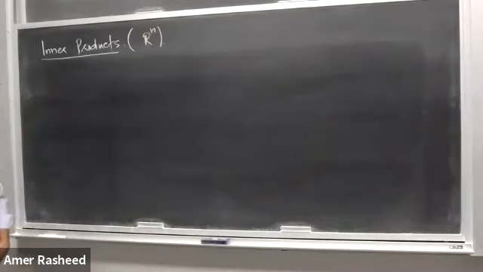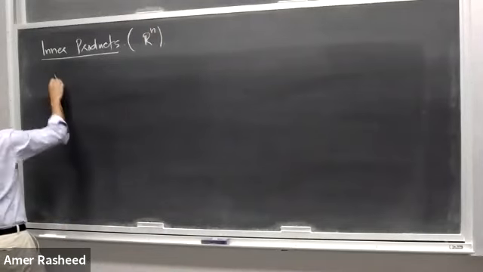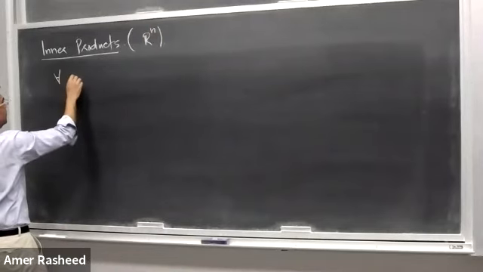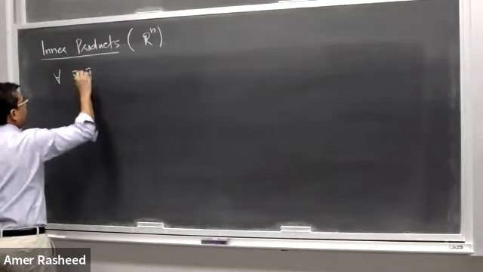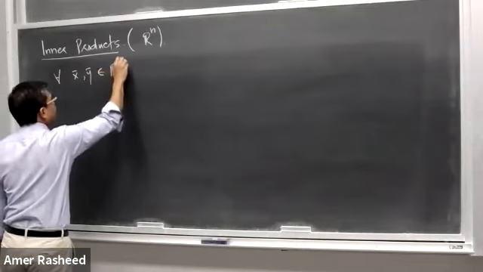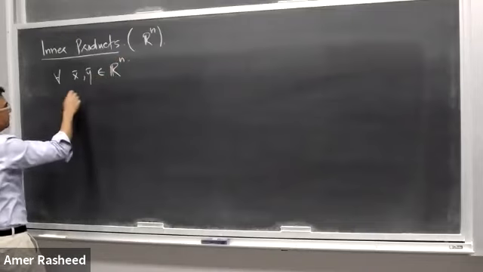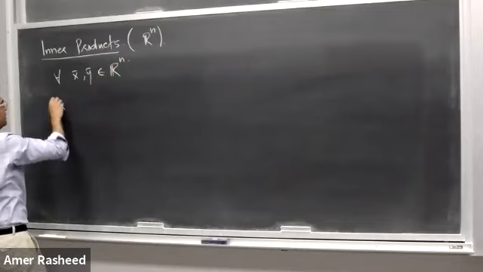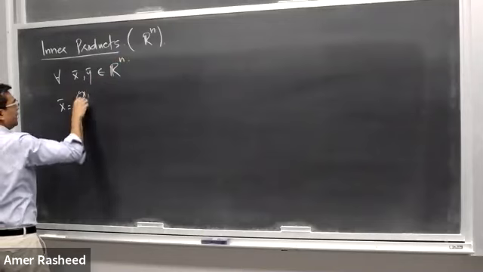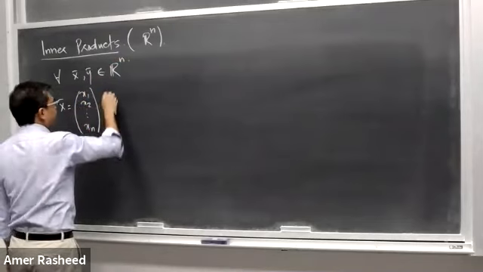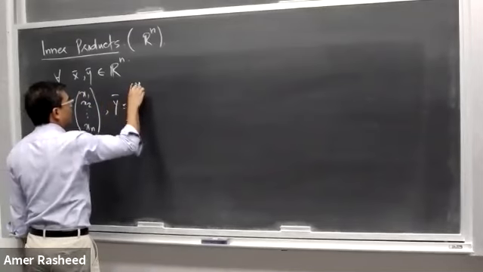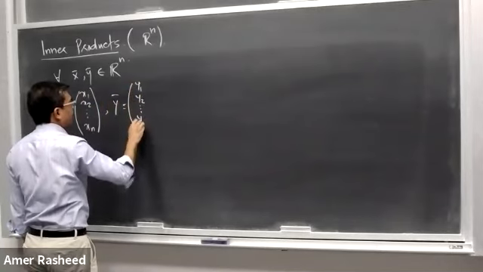In general, we define an inner product for any two vectors, for example u, v or x, y. Say x and y are two vectors in Rn. Then x can be written as x1, x2, so on, xn, and y is defined by y1, y2, so on, yn.